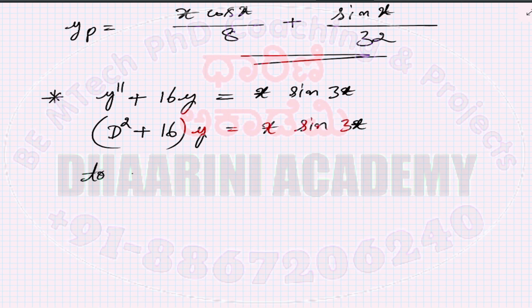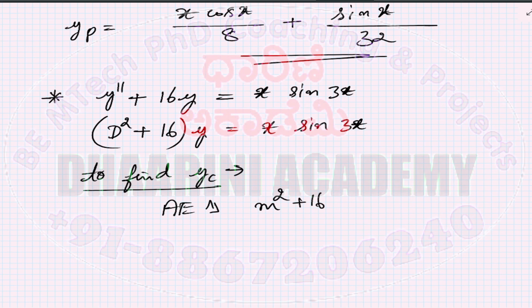So our first objective is to find yc, the complementary solution. For that we need to write the auxiliary equation, that is replacing capital D by m. I get m squared plus 16 equal to 0. So m becomes equal to root of minus 16. The root of minus 1 is j, and there are two roots, plus or minus j4.